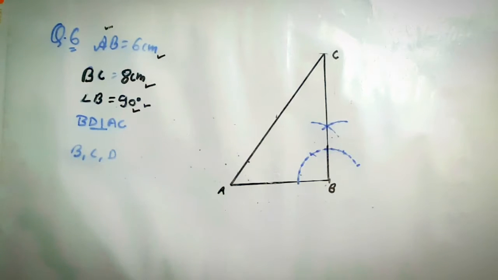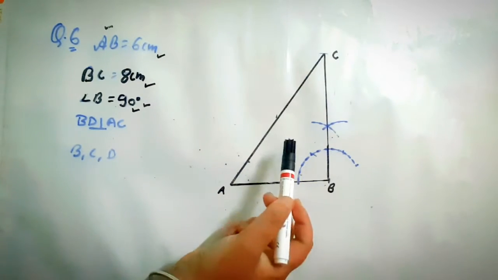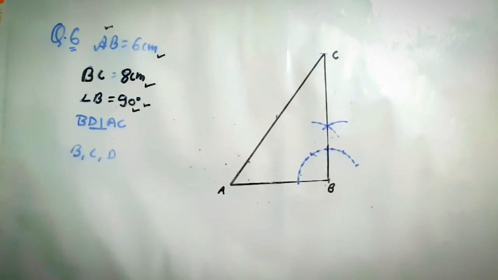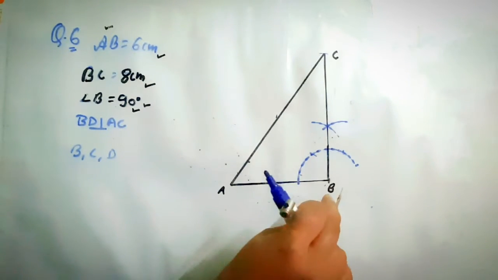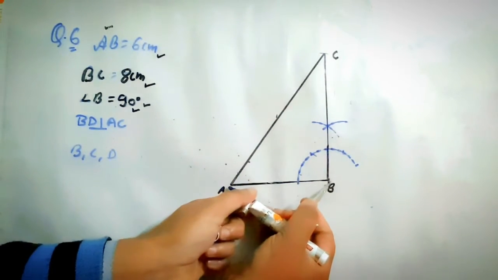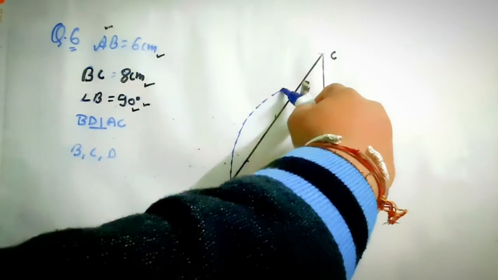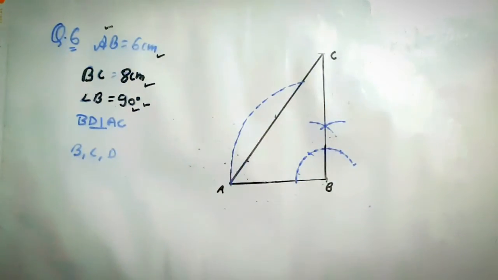Now, the next step: BD is perpendicular to AC, which means from B we have to draw a perpendicular on AC. So how to draw the perpendicular? For that, first of all, open your compass equal to the smaller side, AB. Taking B as the center, draw an arc.